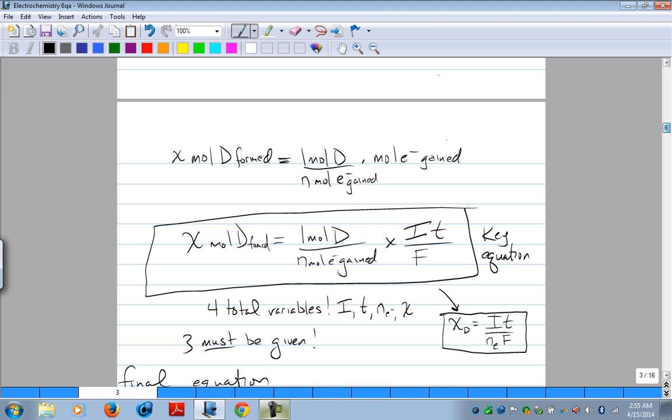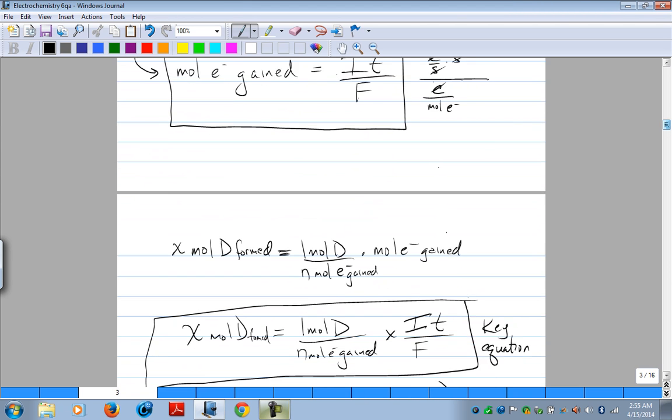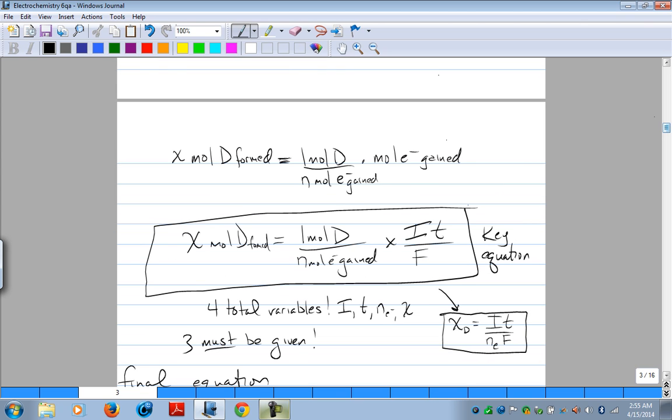Now we're interested in how many moles of D will form using that current for however long an amount of time. So we have a tautology here, a necessary equality. However many moles of D formed, that's going to be the moles of D per n moles of electrons gained, and at a given moment in time we'll have a certain number of moles of electrons gained.